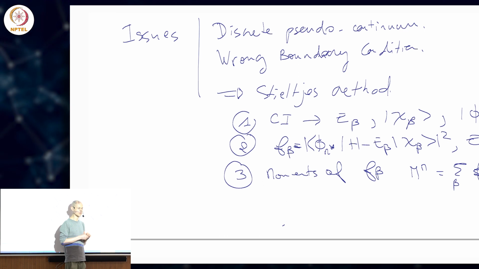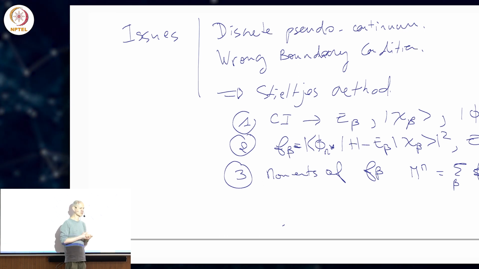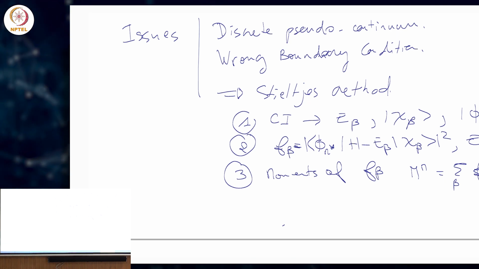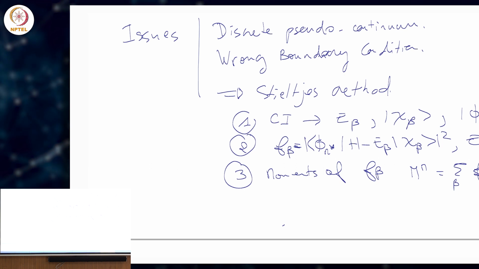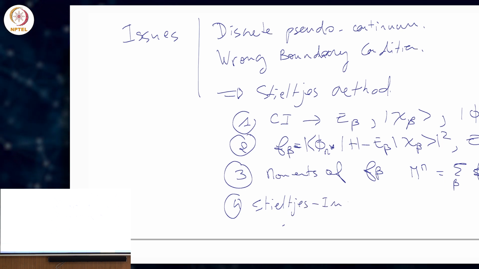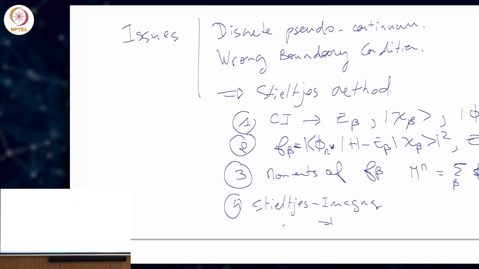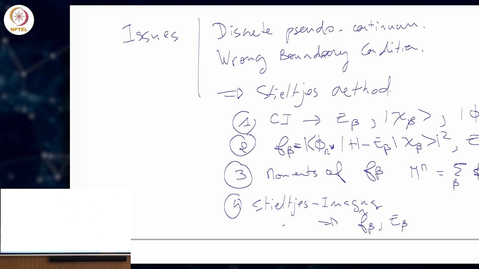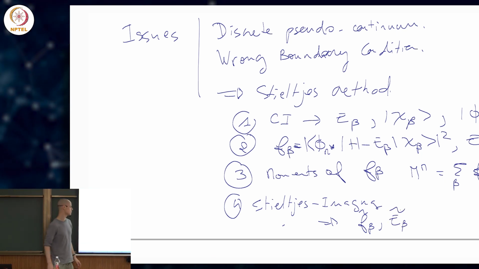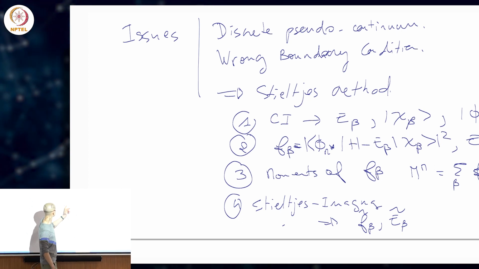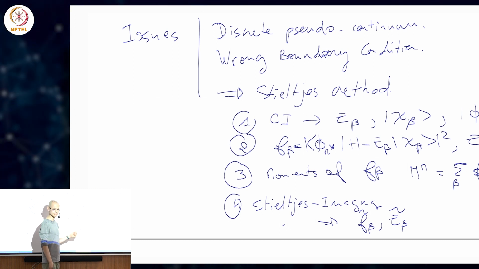So we have this inverse problem or reverse engineering kind of thing to do, and that's the imaging. So I'm not going to explain how it's done, but that's what you do. You do Stieltjes imaging, and the Stieltjes gives you back F beta tilde and E beta tilde. So it gives you the energy of the continuum and this coupling here, but now with the right boundary condition.